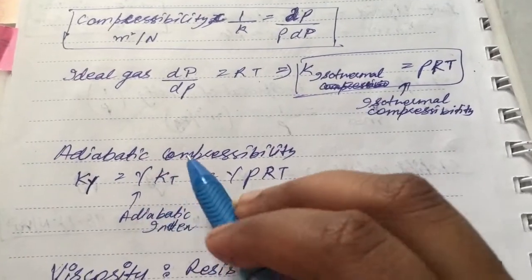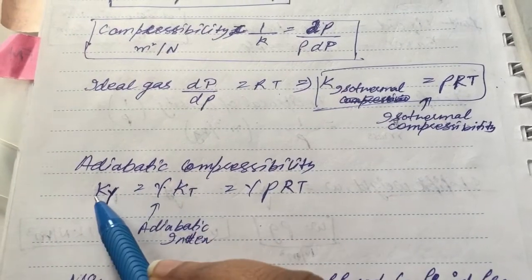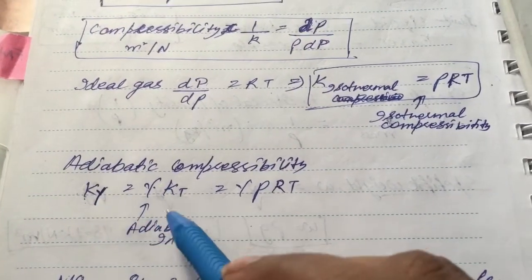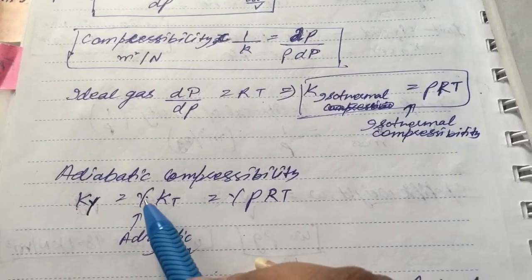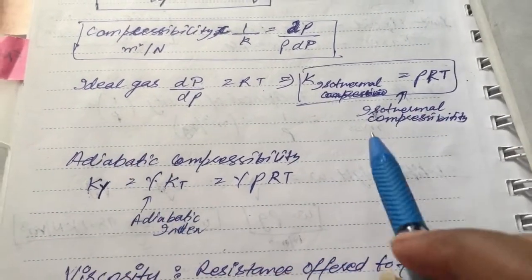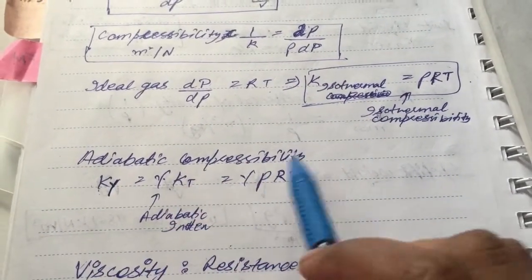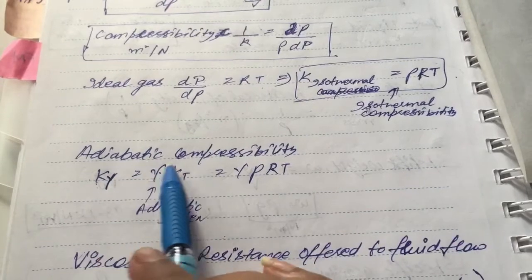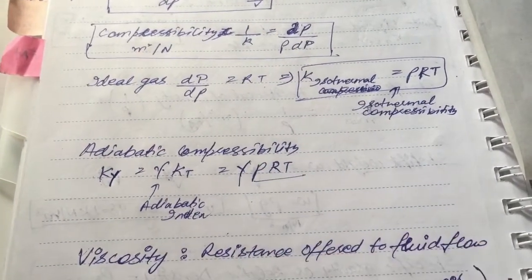So gamma is our adiabatic index, so K gamma would be gamma into KT. So KT is for isothermal gas. So adiabatic compressibility would be adiabatic index into rho RT.